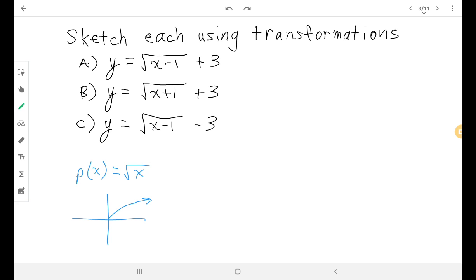If you add or subtract, really subtraction is a form of addition, so add or subtract grouped with x, like this.